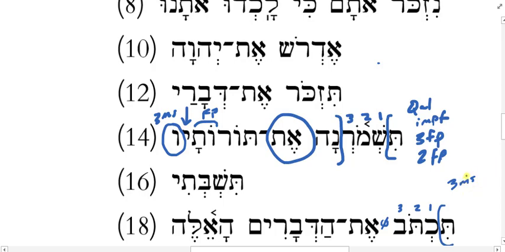It's actually 3fs or 2ms. Okay? 3ms is a prefix yod with nothing at the end. Right? That's the imperfect 3ms.